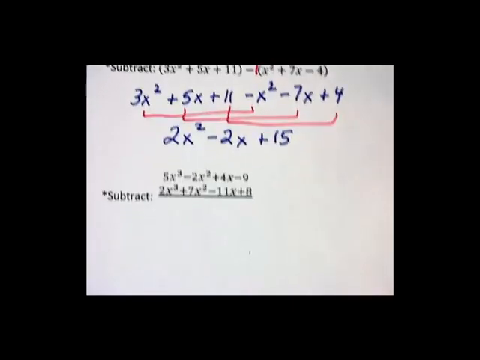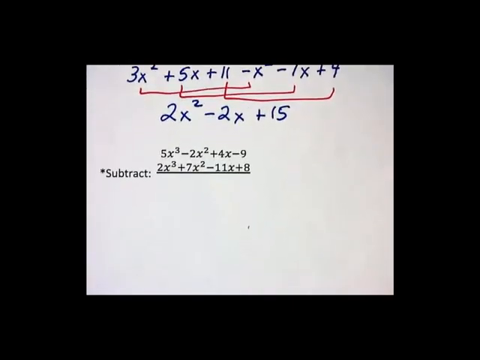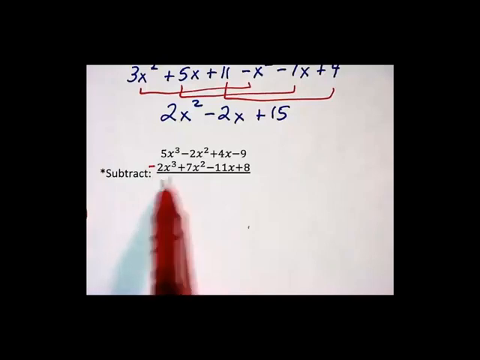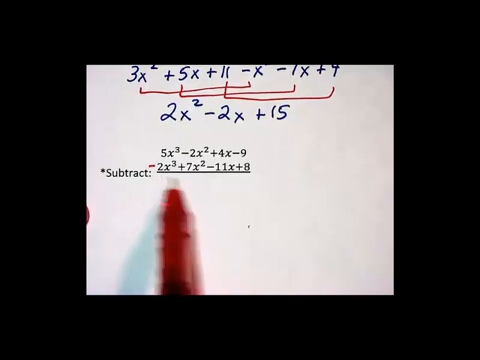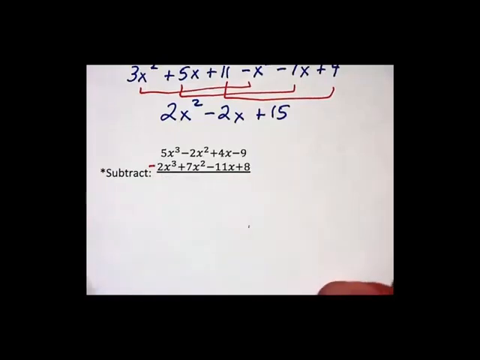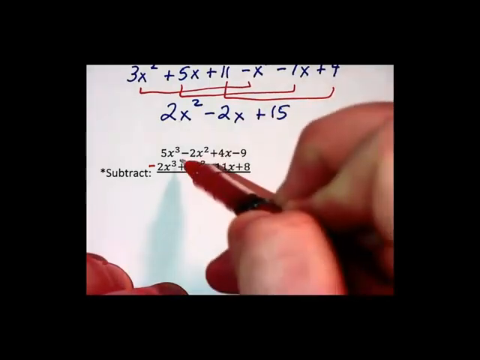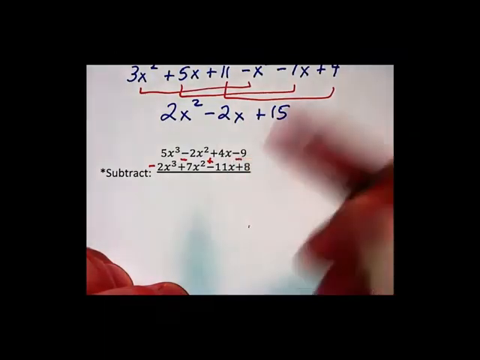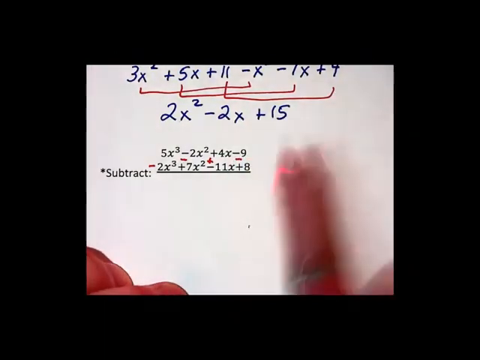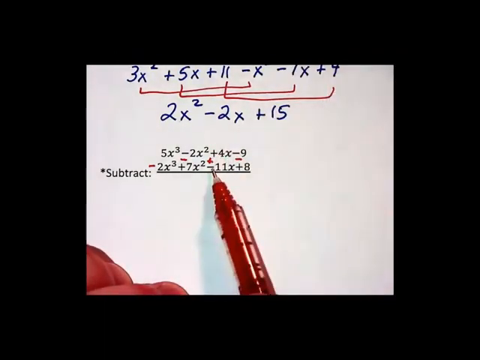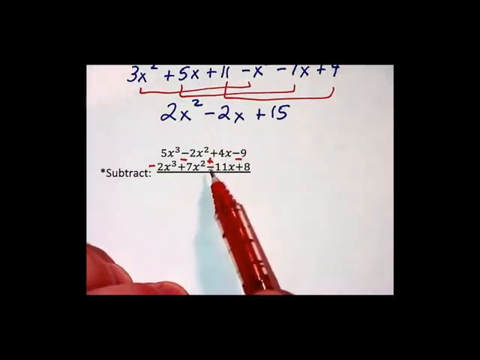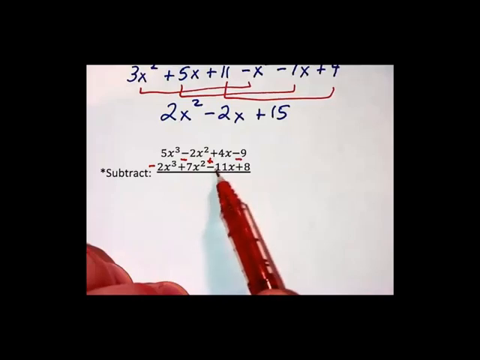I'm not too wild about doing subtraction in a vertical format, because if you write a minus sign right out in front there, it only looks like it's going with the 2x cubed, but you're really meaning to subtract that whole bottom row. So what I suggest you do is distribute that negative through, changing the signs of each term along the way. Don't take that minus sign and put a bar through it to make it a plus sign, because then you can't tell the difference between the original problem and what you put into the problem.